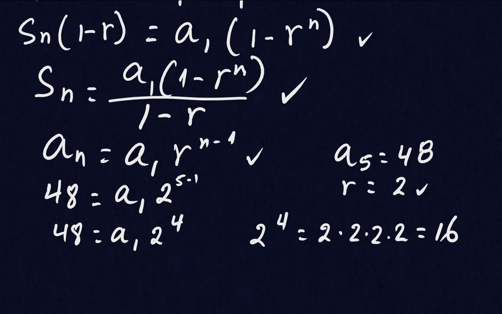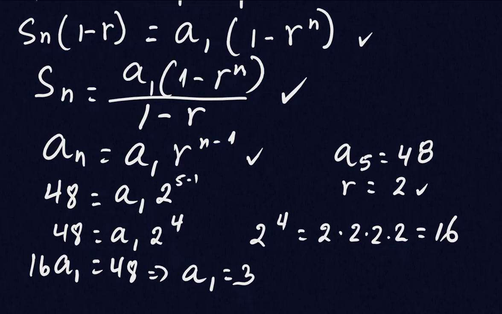So that means 16 A1 is equal to 48. We divide both sides by 16. We get A1 is equal to 3. So the first term of this progression is equal to 3.